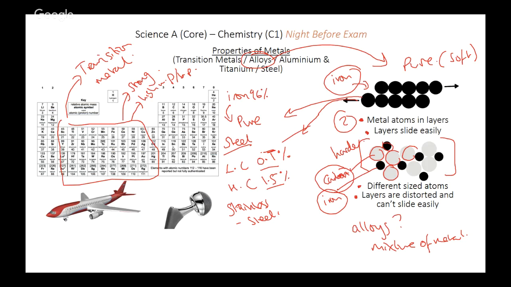2 metals that we need to know about in a little bit more detail are aluminium and titanium. Now, see if you can think about which material, aluminium or titanium, is often used in airplanes or hip joints, and the reasons why. Well, they both have very similar properties.